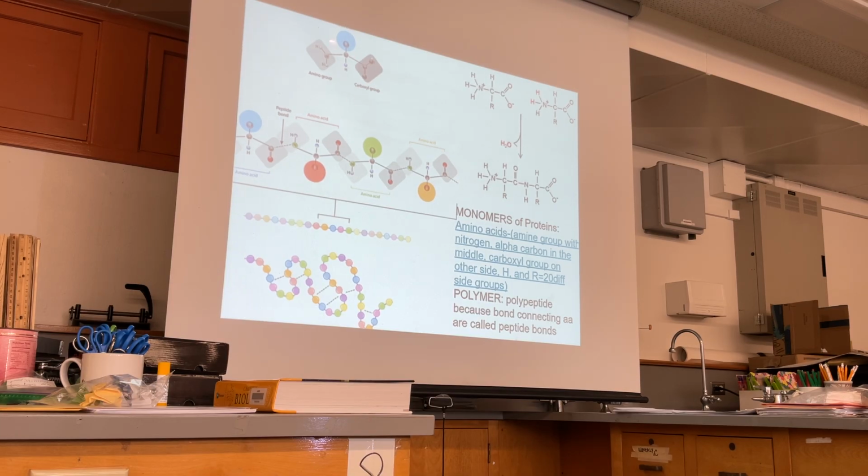And then on that alpha carbon, the last one that you should see is a little hydrogen. And then we said with amino acids, there's 20 different kinds of them. So that's represented by the R group. I know there's not 20 different colors, but ideally there would be 20 different colors of amino acids stuck together, represented by a ball.